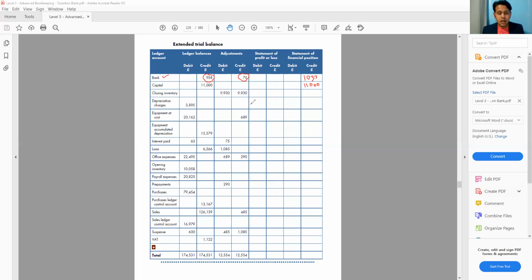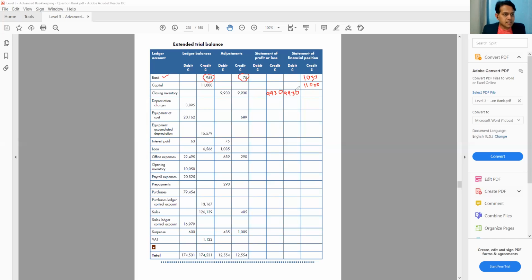So we minus it on the statement of profit and loss account. So that means it's a credit here, 9930. And on the financial statement, that is also our asset. So this closing inventory is also an asset. So this is our debit, 9930.